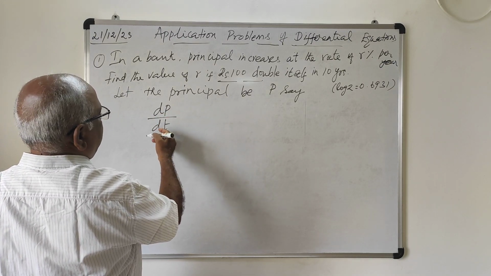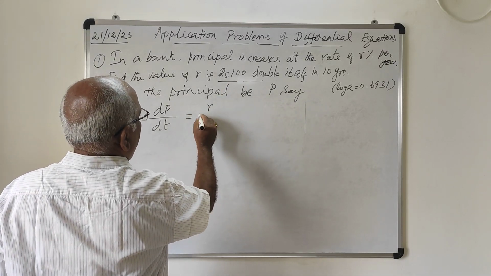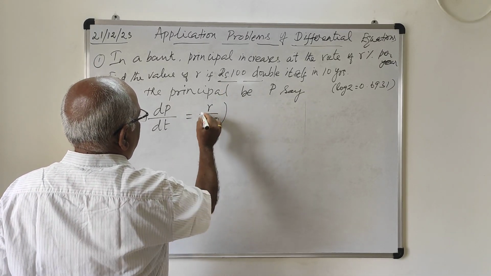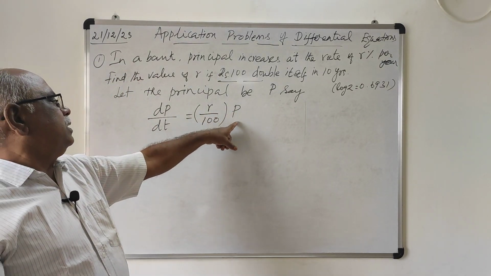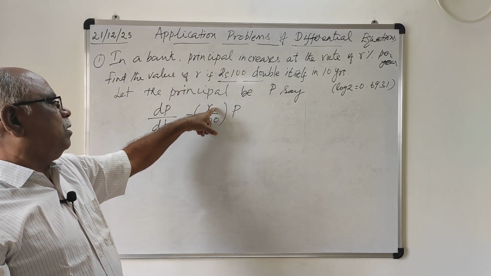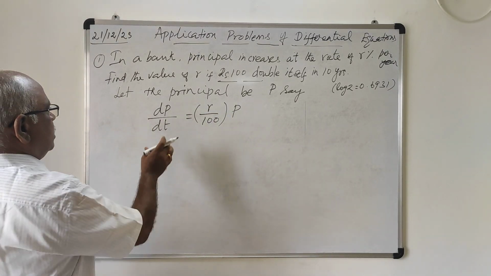Principal increases at the rate of time t in R%, that is R by 100 of the principal. This is the required differential equation.